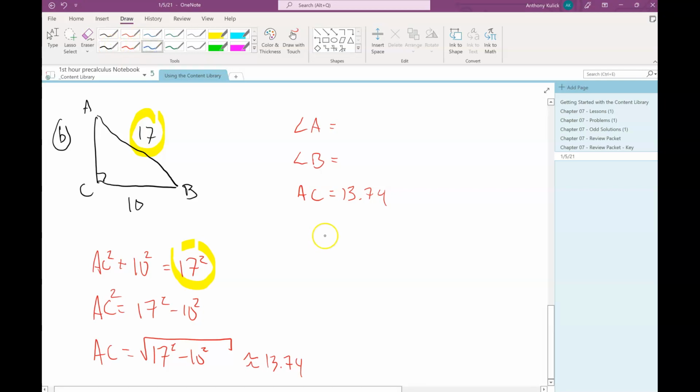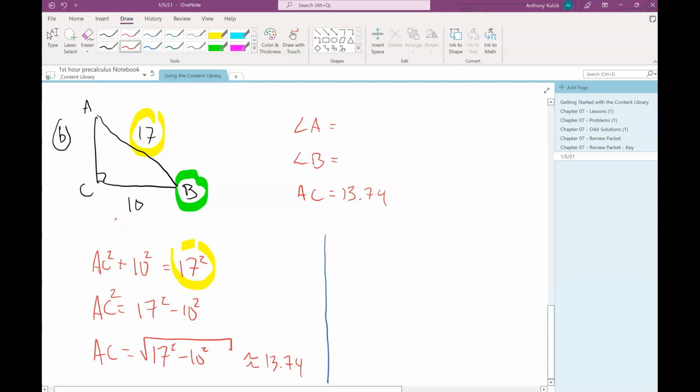Now comes finding one of these angles. Does it matter which angle we look for first? Heck no, right? So let's just pick one. Do you want to pick A or B? B. Does it matter? Of course it doesn't. But relative to B, what is 10?